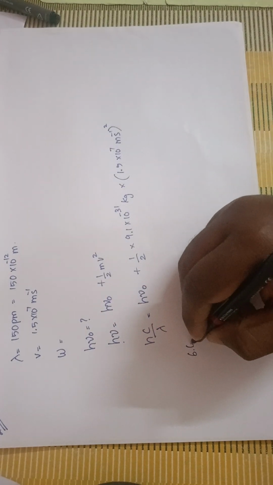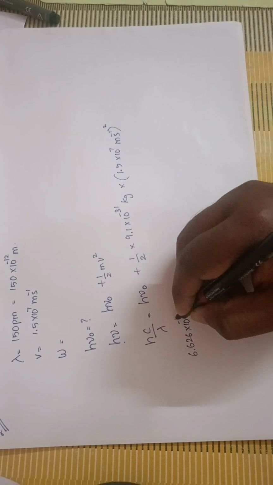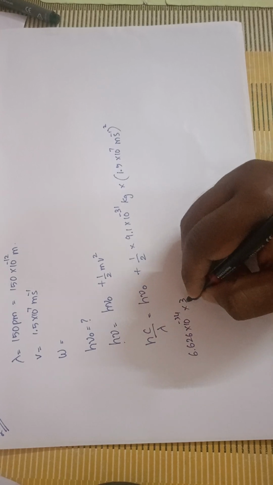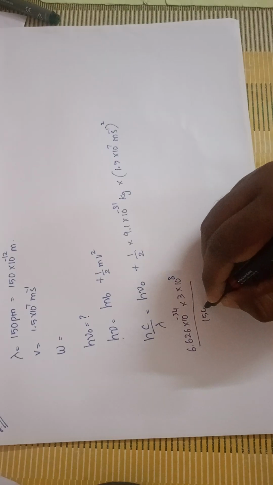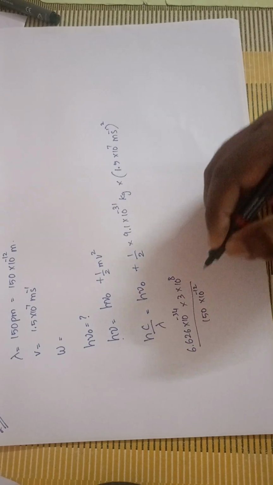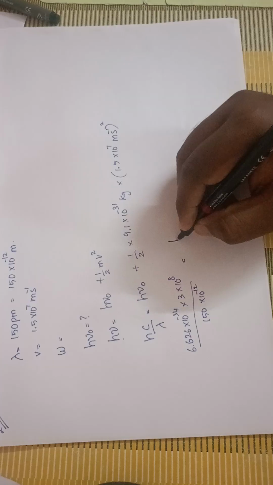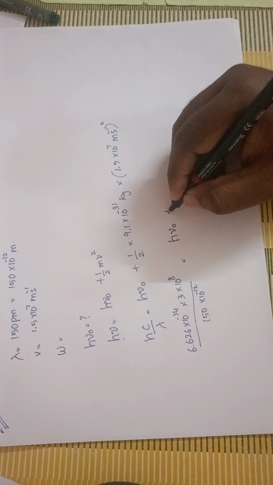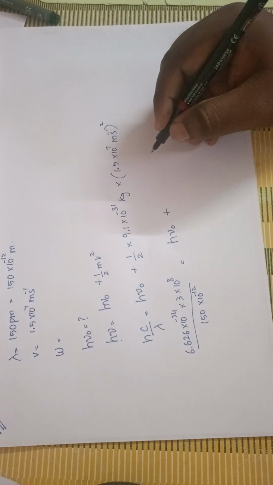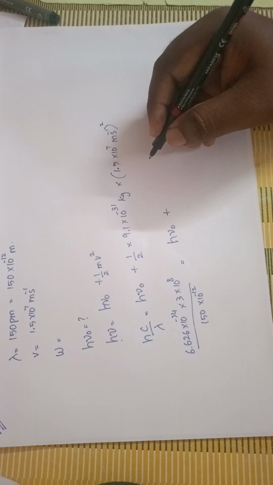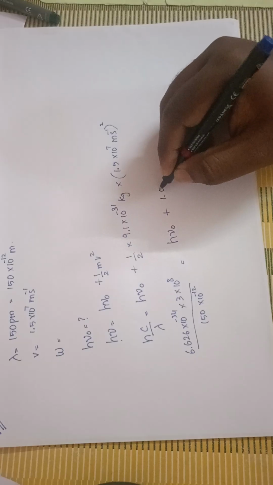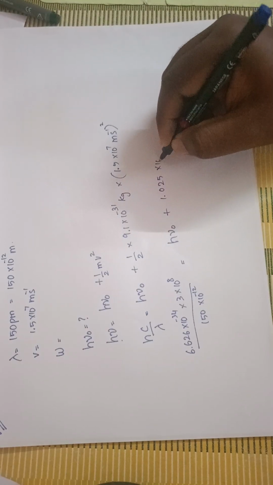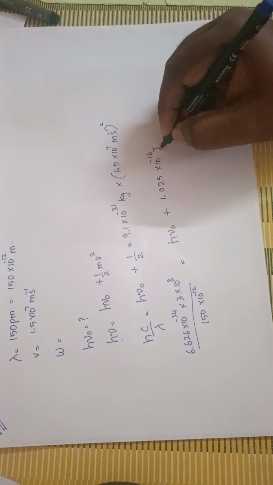So this becomes 6.626 into 10 power minus 34 into 3 into 10 power 8 divided by 150 into 10 power minus 12, equal to h mu naught plus, on solving this, 1.025 into 10 power minus 16 joules.